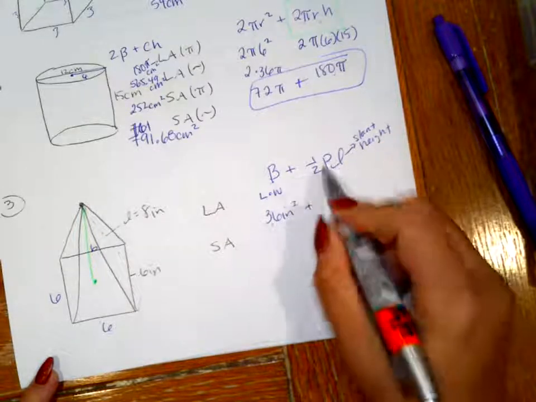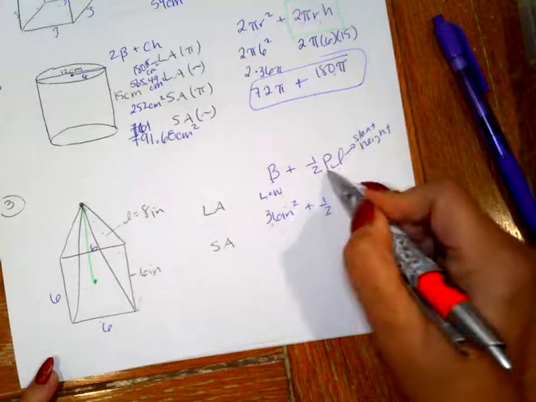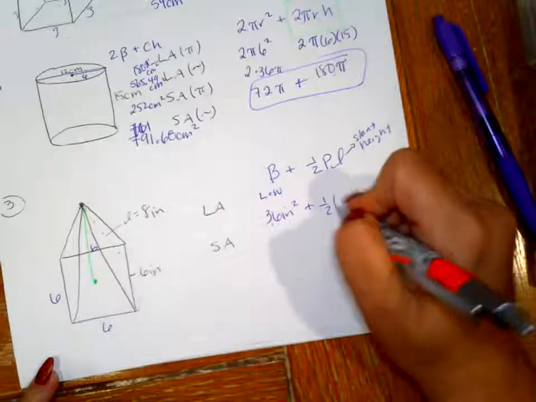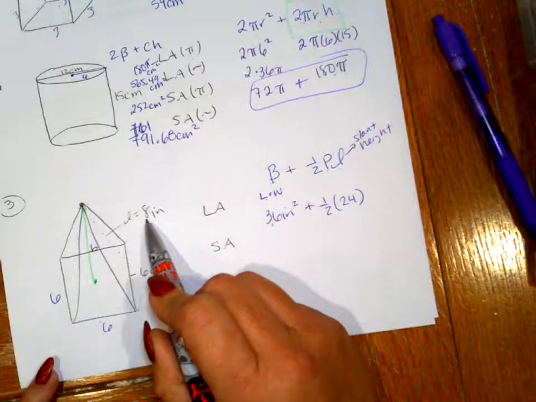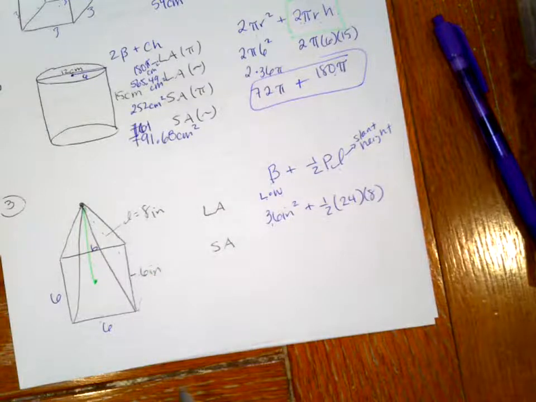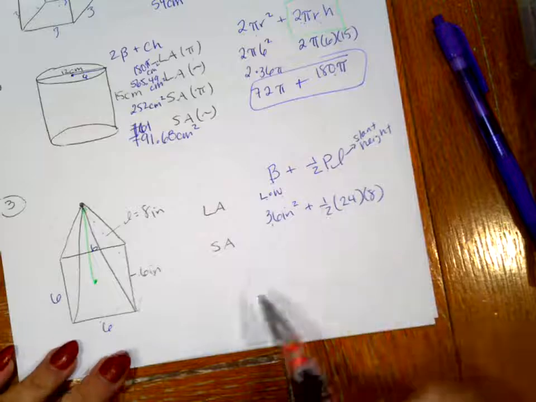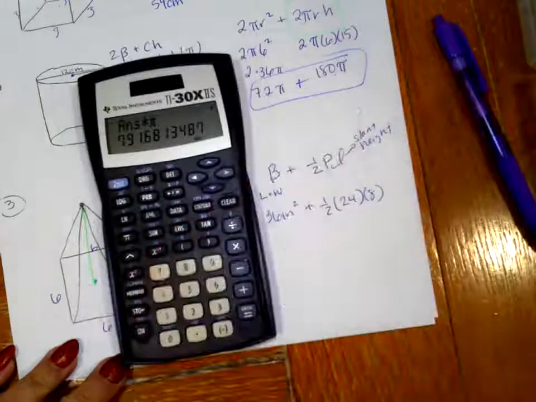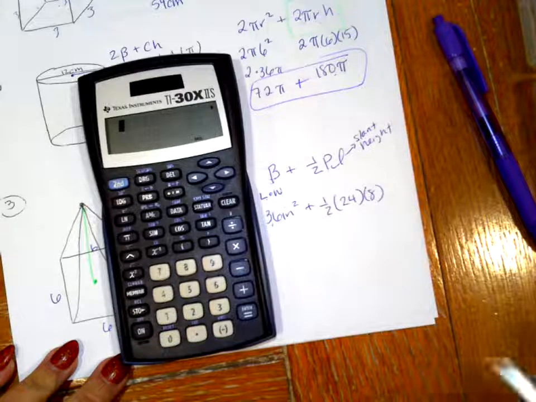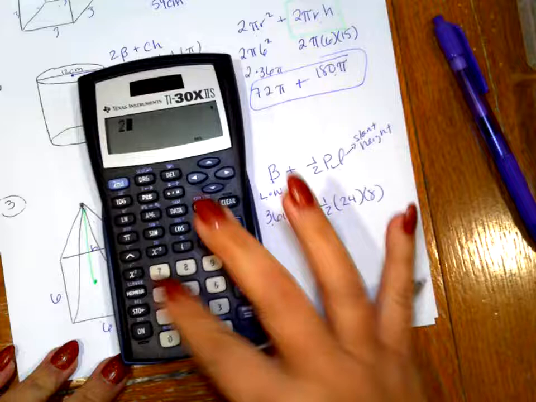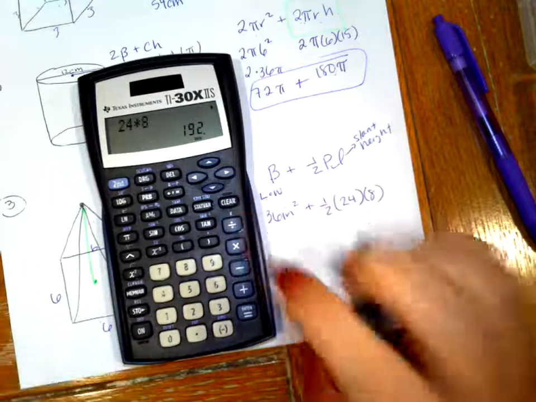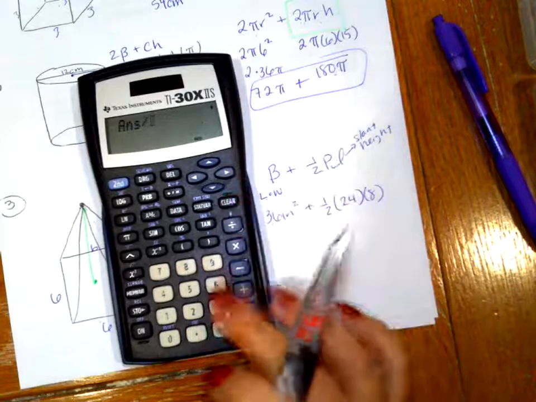I'm going to add it to half of the perimeter. So I've got 6 plus 6 plus 6 plus 6, which is going to give me 24 times the slant height, 8. And then because you're given a calculator, it's not going to matter how ugly or big these numbers get. And it doesn't matter what order you multiply them in. So you've got 24 times 8 equals 192, and then you want to divide that by 2.